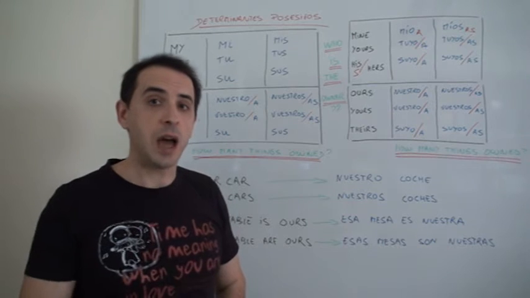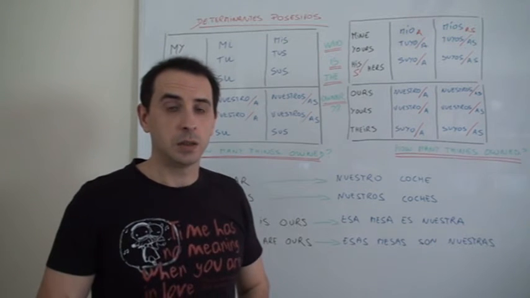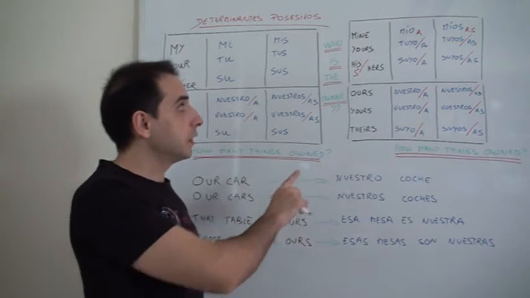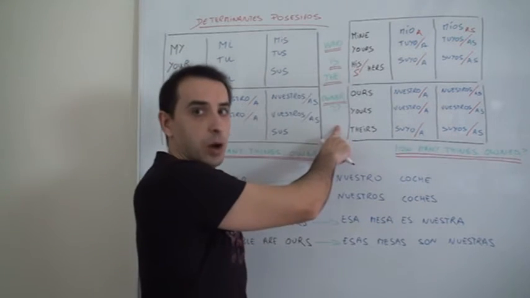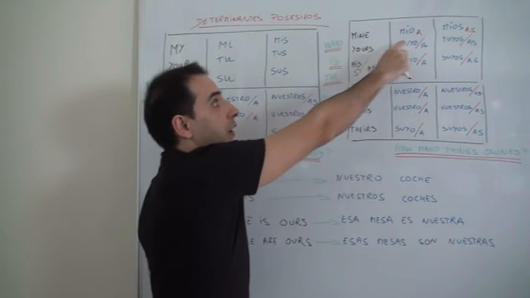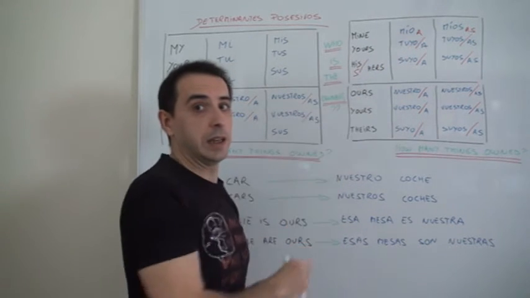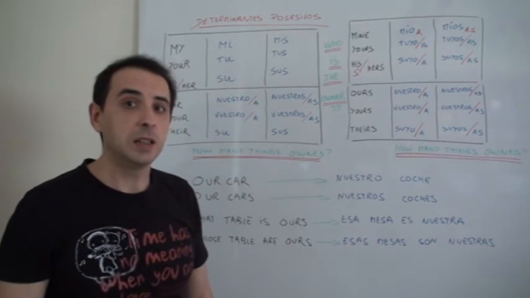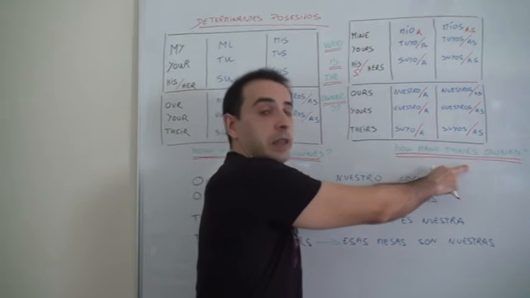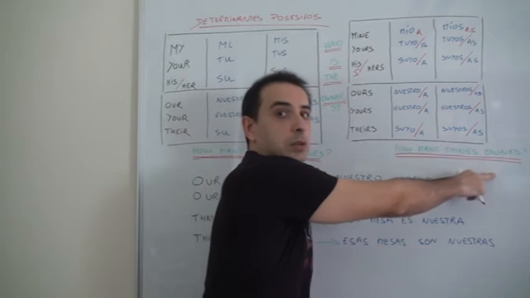Again, you have two things you need to think about. First, who is the owner? Then you pick one row, like in English, nothing new. But then you have to think how many things they own.